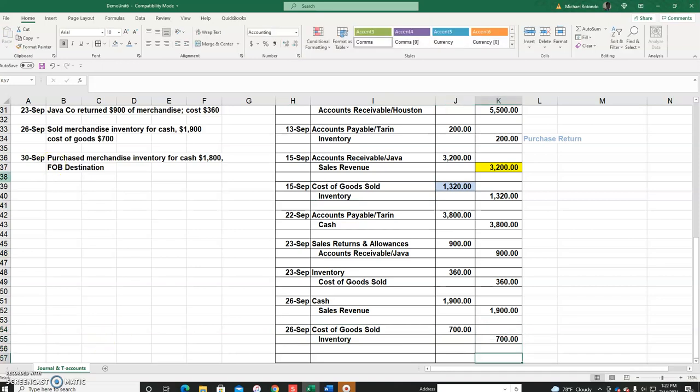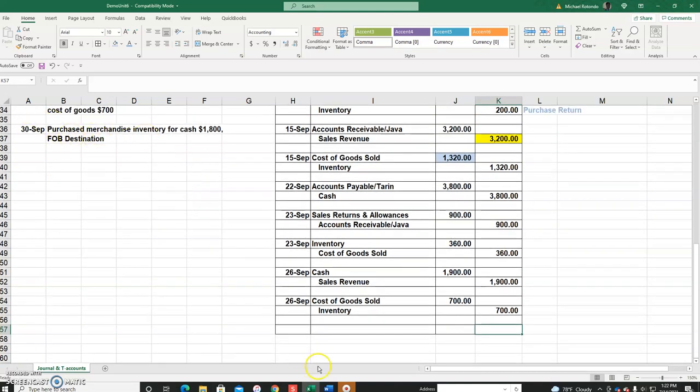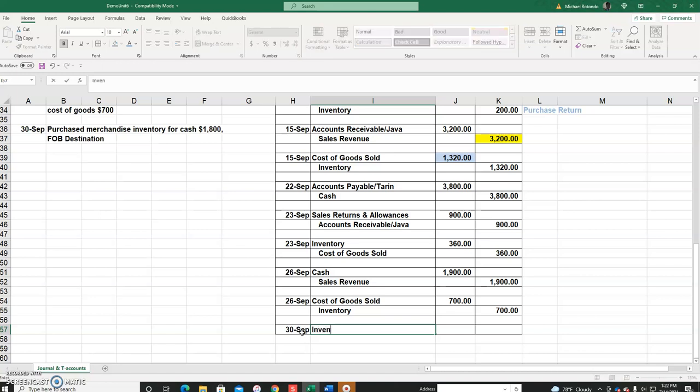And of course, there's no terms or anything because it's cash. Just like this last entry on the 30th, we purchased merchandise inventory for cash. There's no terms, no discounts, anything like that, because we're just making the payment right up front. And it's FOB destination, so we don't have to worry about any freight costs.